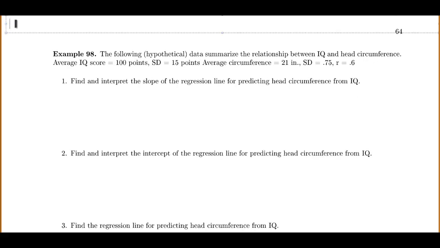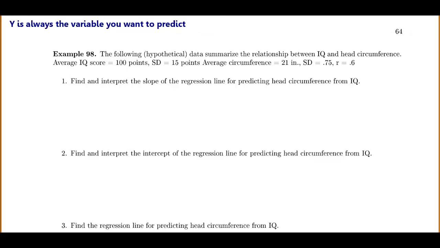First, let's make ourselves a note that y is always the variable you want to predict. So in our circumstance, we want to predict head circumference. So x is IQ and y is head circumference.